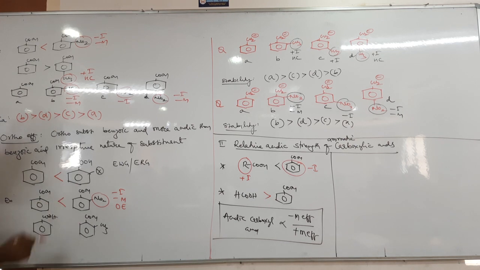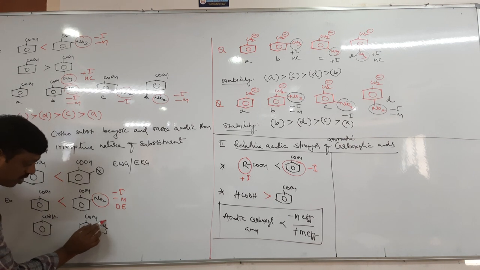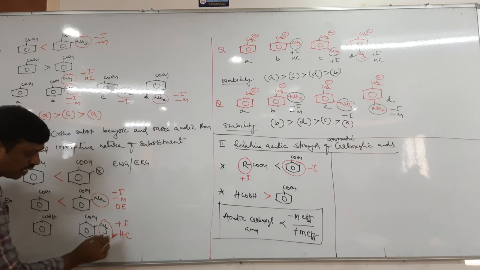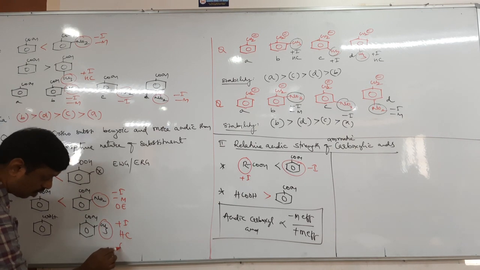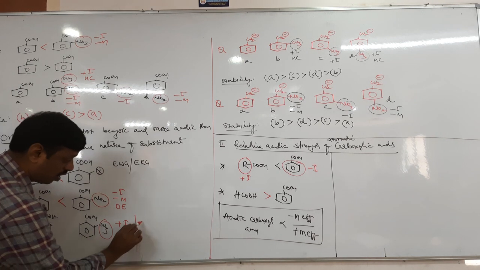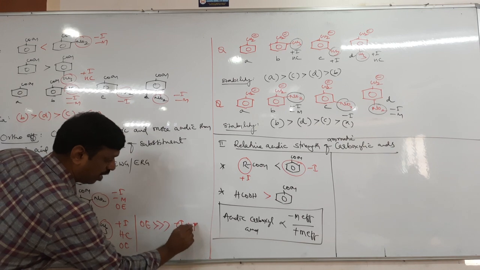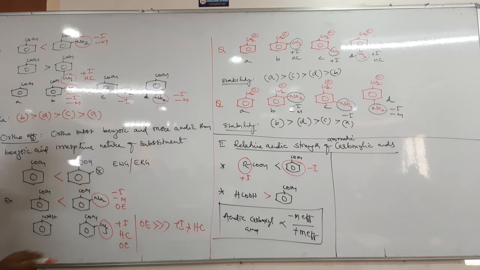Therefore this is more acidic. Here, which effects are there? There is a plus I effect, hyperconjugation and ortho effect. So remember, the ortho effect is much greater than plus I and hyperconjugation. Therefore, which is more acidic? Orthomethyl only is more acidic.